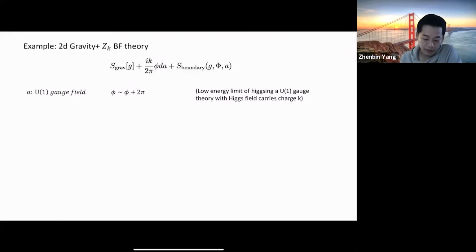In this BF theory, let me introduce the notation. You have a gauge field A that we take to be a U(1) gauge field, and then you have a scalar field phi that is periodic.